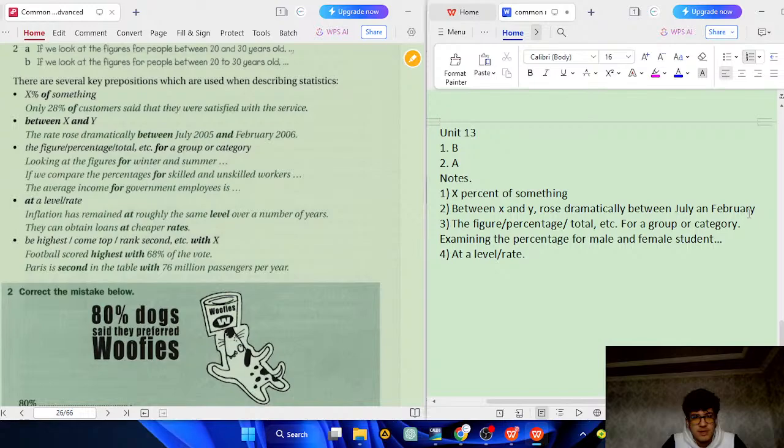Inflation has remained at roughly the same level. The figures. Figures for infants.